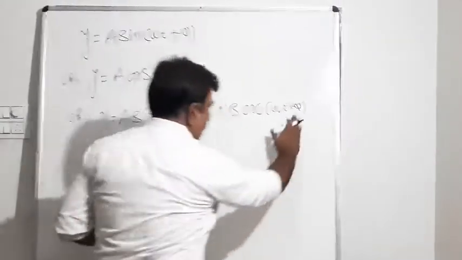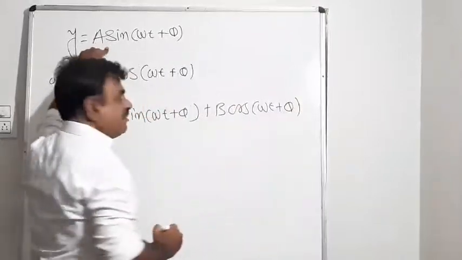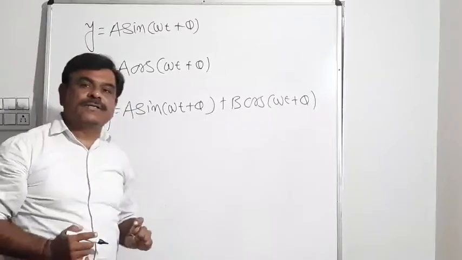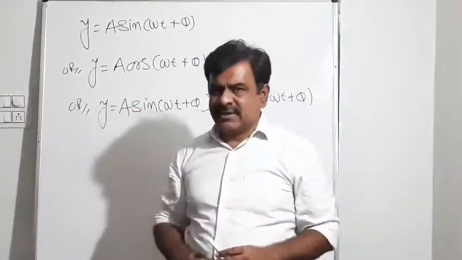Any SHM can be represented either by sine function, cos function, or linear combination of sine and cos. When we say linear combination, it is addition, subtraction.